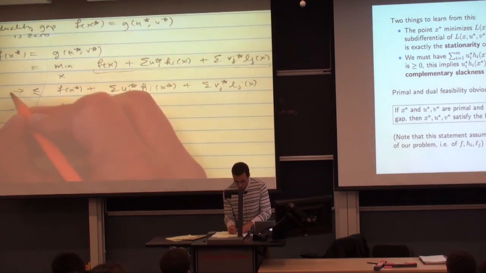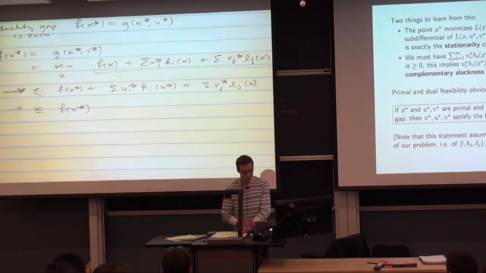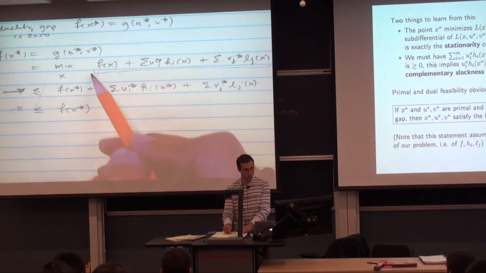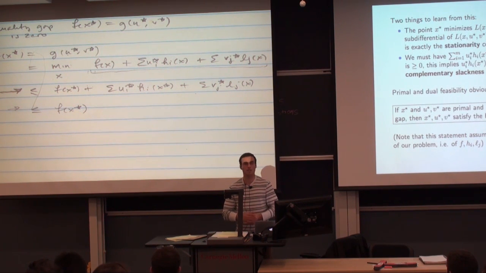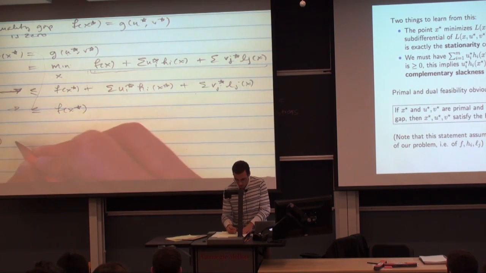So if we look at this one, I've said that these two are equal. That implies that x star minimizes the Lagrangian over all possible x. Right, so what's a necessary and sufficient condition for that? Well, it's exactly what we wrote down.